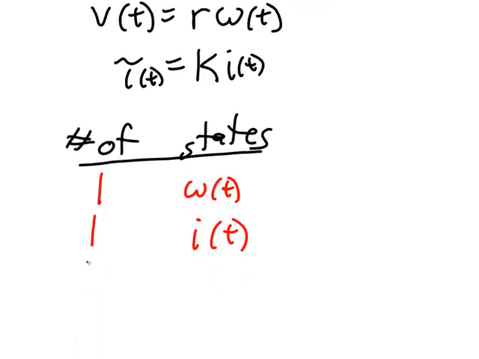Now, it's true that V is actually my output signal, and that's okay. Your output signal does not have to be a state, but it can be a state. And since I have two orders of derivatives of velocity, I'm going to need 1 state for that signal.